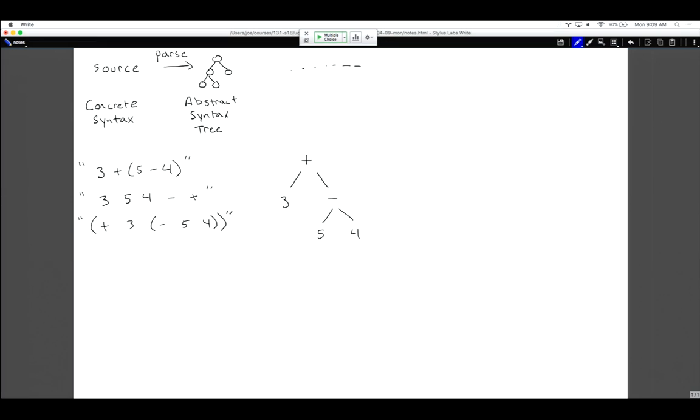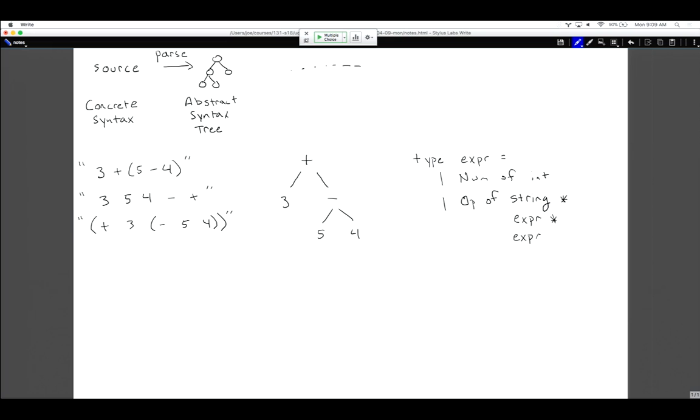If you were at discussion on Friday, you saw this, but just to write it so it's on the screen, one way we might represent this in code is by saying an arithmetic expression is either a number that's an int, or it does some operation where the operation is a string. That's going to be like plus or minus, whatever string represents that operation. And it's going to have a left-hand side expression and a right-hand side expression.